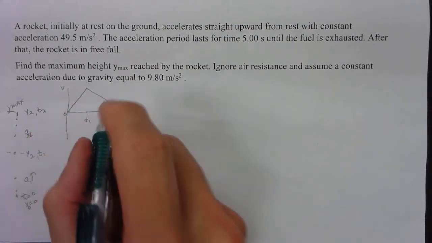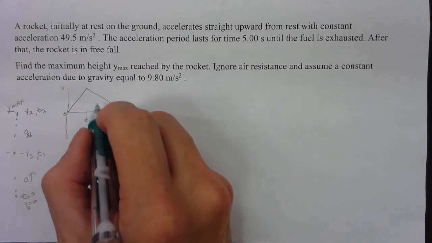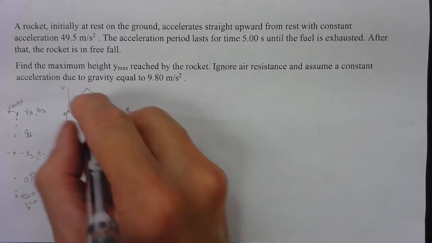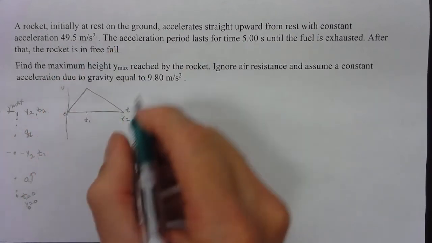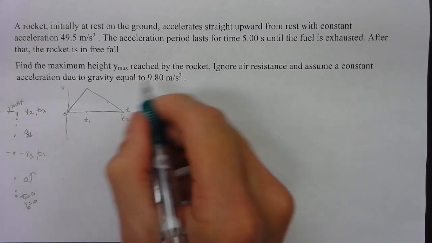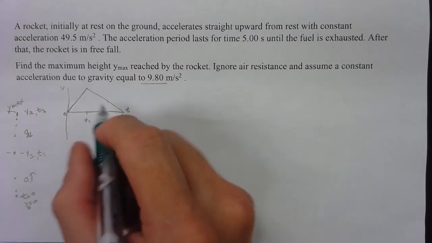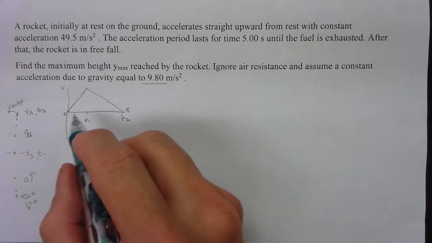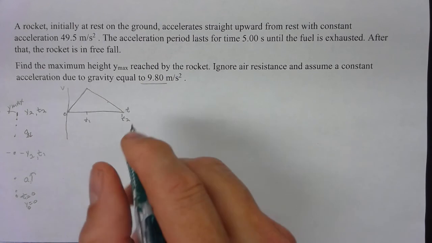And we know that this area is equal to the displacement. And we know the slope here is going to be 49.5. The slope here is going to be negative 9.8 because of those accelerations, because the slope is acceleration. So we could use that graph and find the area to find that displacement. But I'm going to use the kinematics equations.